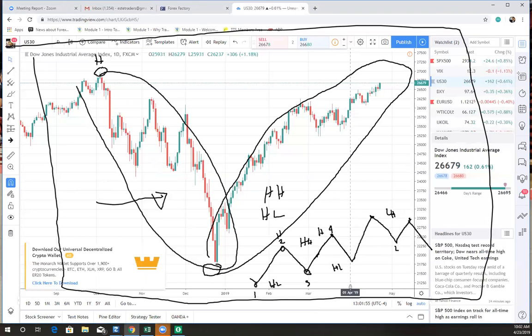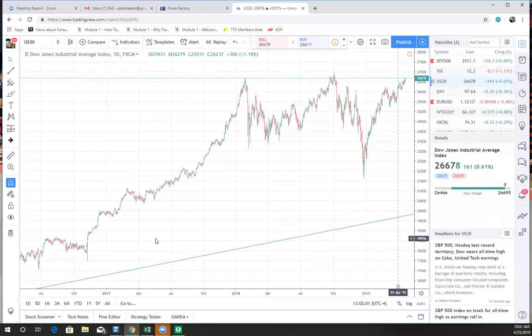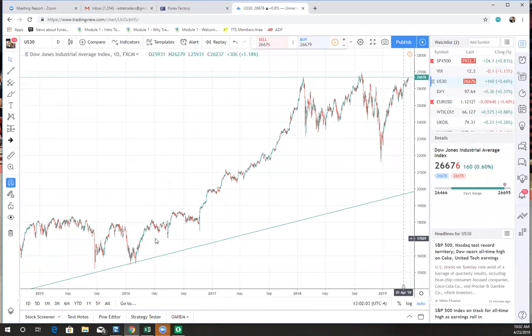Let me clear all my drawings right there. So if I minimize my screen, I minimize my chart. I know there's a bit of a lag in there. This whole segment is a correction of this impulse.